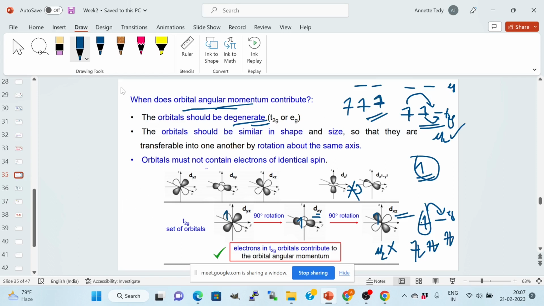But we can have a separate case. Example: in this case, these downspin electrons can come here because here we do not have a downspin electron, that vacancy is there. In that case, this downspin electron can come here. In that case also, orbital angular momentum will be there. Is this point clear?